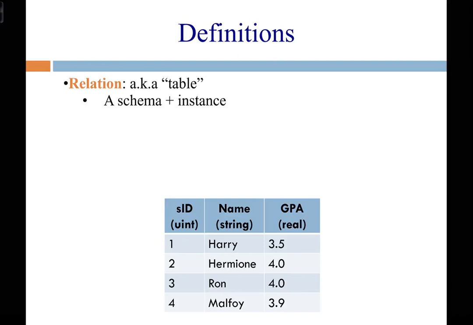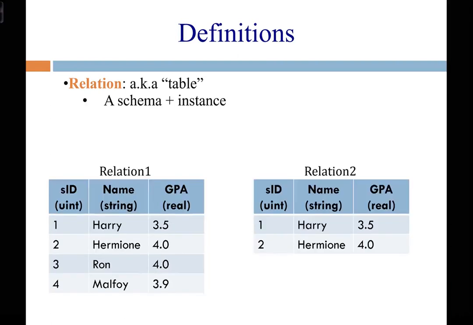It's very important to keep in mind that a relation is just one set of schema plus instance data. We can have another compatible relation that just has a different set of tuples in it. And this will happen all the time.